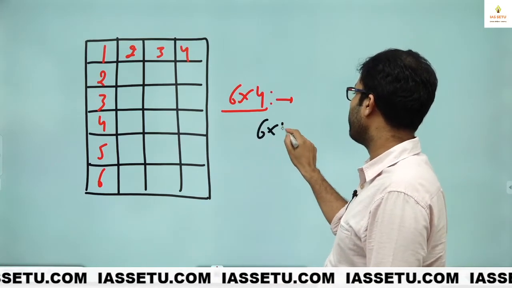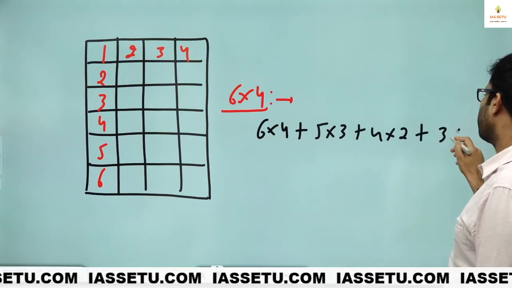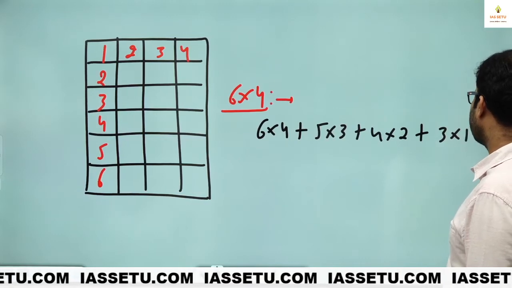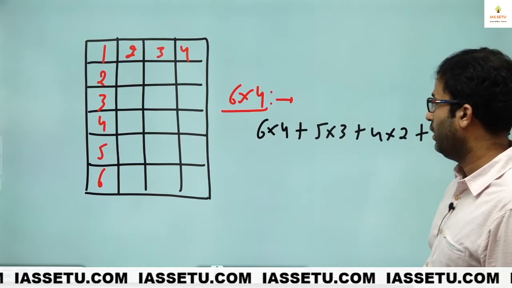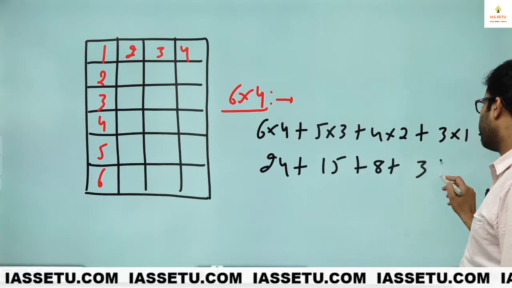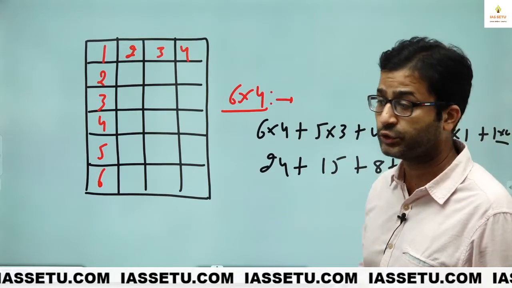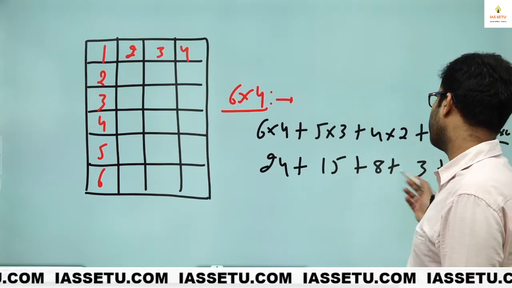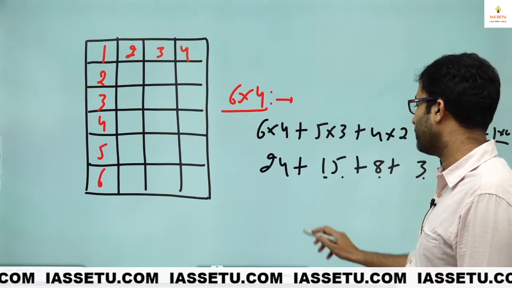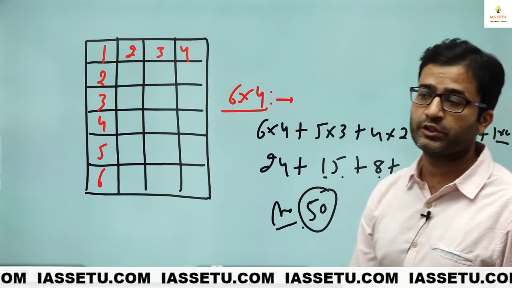Here this is 6 into 4 plus 5 into 3 plus 4 into 2 plus 3 into 1, then 1 into 0. So this is 24 plus 15 plus 8 plus 3 plus 0. And believe me, manual counting takes around 6 to 7 minutes. So 3 plus 8 is 11, 11 plus 15 is 26, 26 plus 24 is 50. So in the given figure, we have 50 squares.